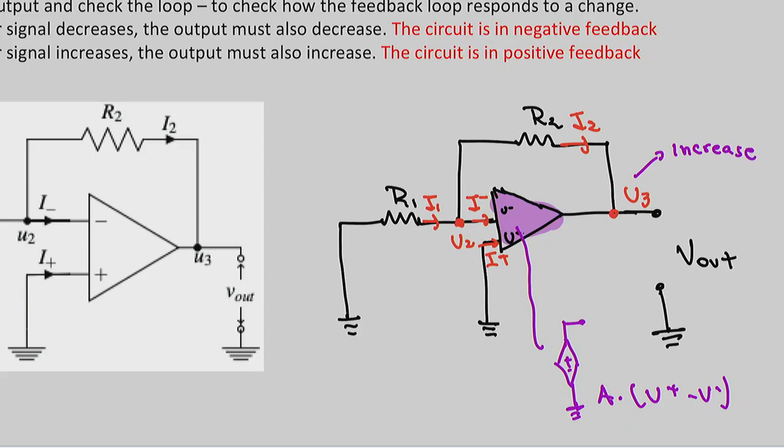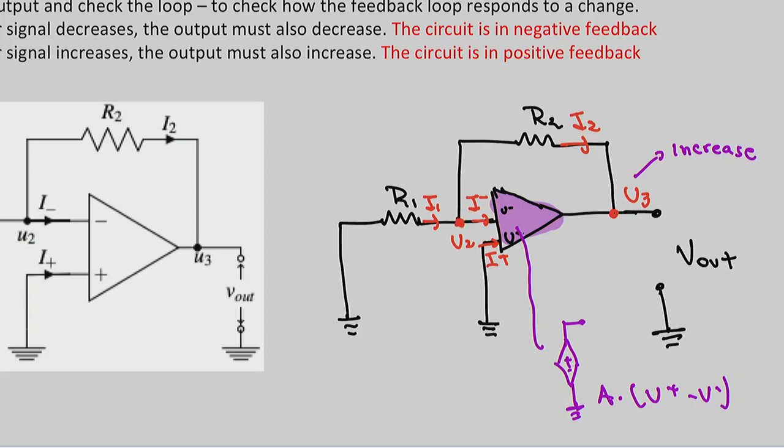Now, if I increase the output, I want to see what's happening in this terminal here, right? Because U3 is connected to U2. So I want to see what's going to be happening here, which by connection is also related to U minus. So when I change the output at node U3, I want to see what's happening on node U2.